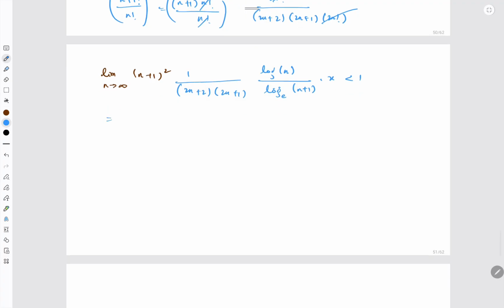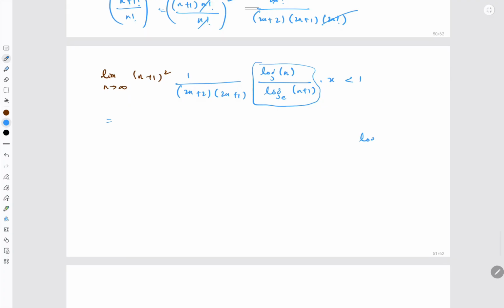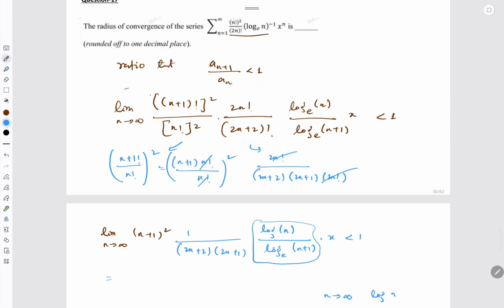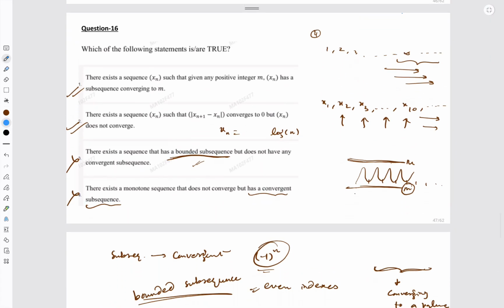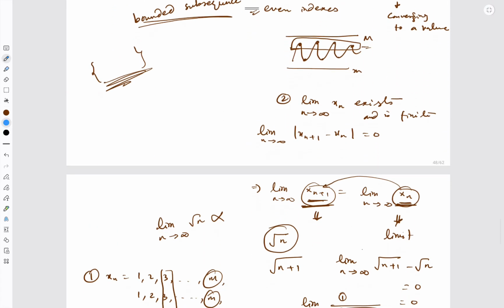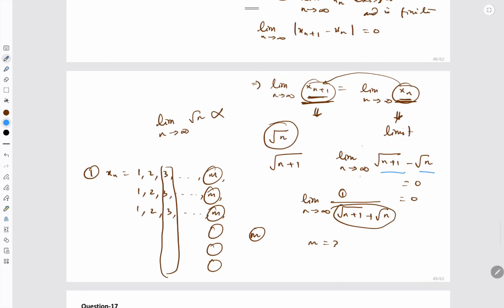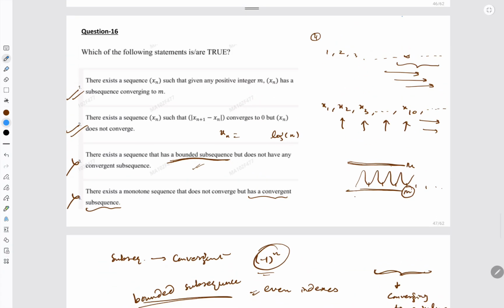Now I know that this limit is 1 because I just now told you that as n tends to infinity, log n and log n plus 1 take the same value. So if they are taking the same value, their ratio is 1. Just like under root n and under root n plus 1 are the same as n goes to infinity, that is why their difference becomes 0. Similarly you can prove it for log n.